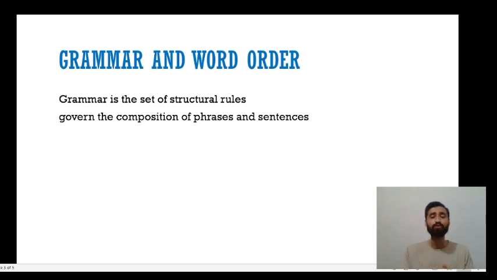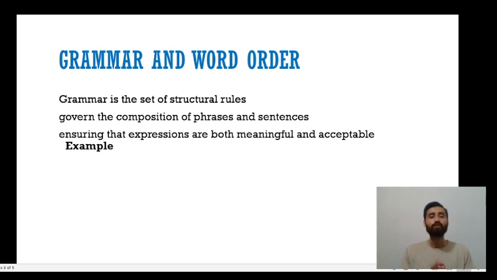Why do we do this? Just to ensure that expressions are both meaningful and acceptable. Now, let's talk about the example.